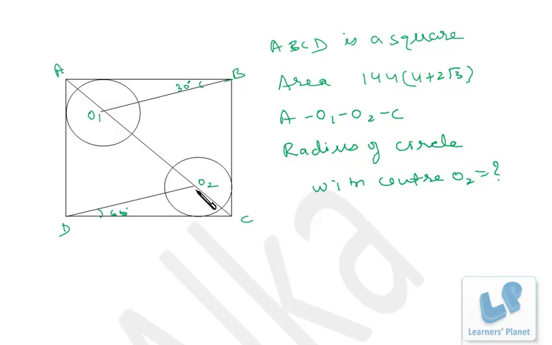First of all, I drop a perpendicular over here because DC is a tangent, so this angle will be 90 degrees. Now I assume the radius of this circle to be R. AC is the diagonal of this square.